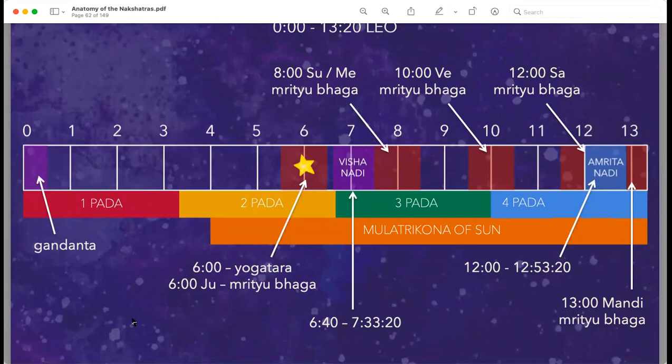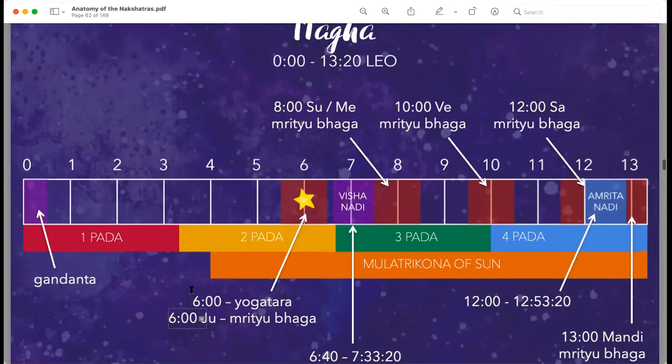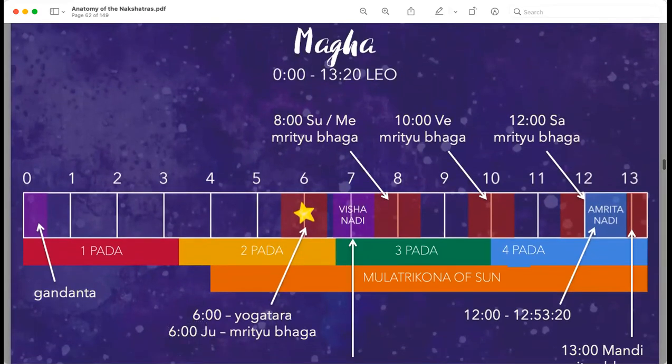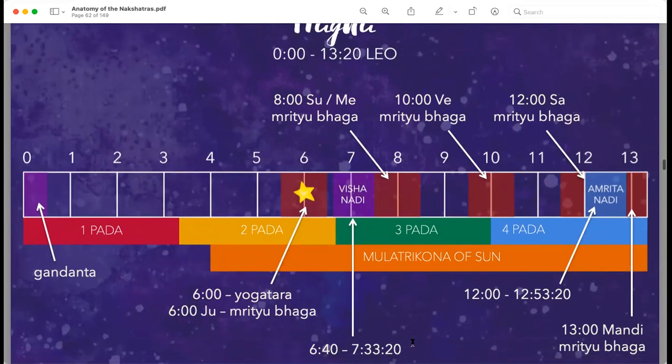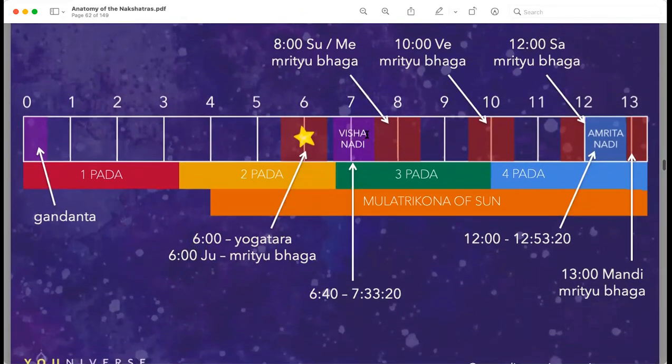Now, if we have a look at Magha, it obviously occupies 0 to 13 degrees 20. The most difficult part of it is this area here: 6 degrees 40 to 7 degrees 33 of Magha, which is pretty much in the third pada.